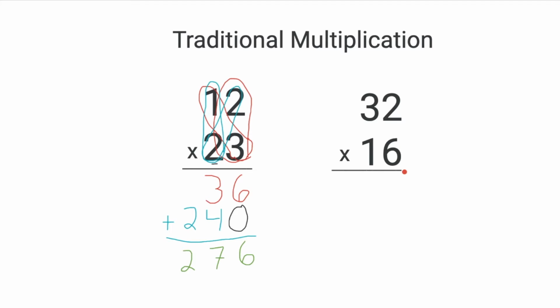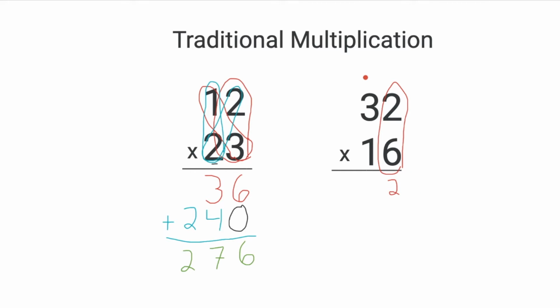We have 6 multiplied by 2, which is 12. Just like in addition and subtraction, we're going to put the 2 from 12 down here, and we're going to regroup the 1 over here.